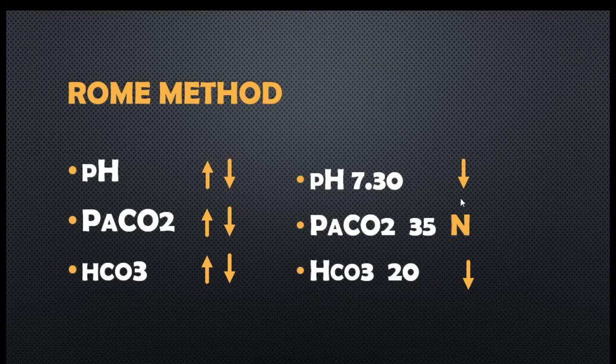We conclude that this is acid. The bicarbonate has the same arrow, so we can analyze this as metabolic acidosis. Metabolic because you have the same arrow going down, and this is acidic or acidosis, so that's why this is metabolic acidosis.